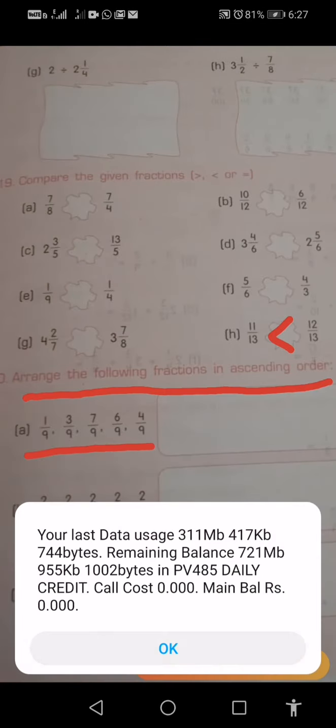Arrange the following fractions in ascending order. Ascending means we write the lowest fraction first. The numerators are different but the denominators are the same. If the denominators are the same, we can say 1 by 9 is the smallest.